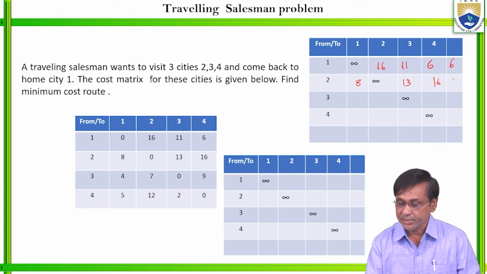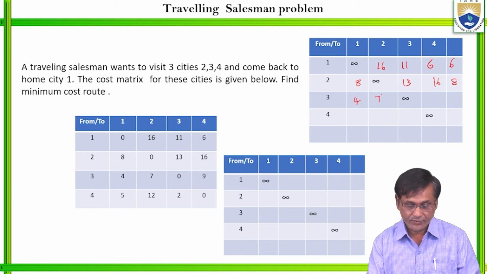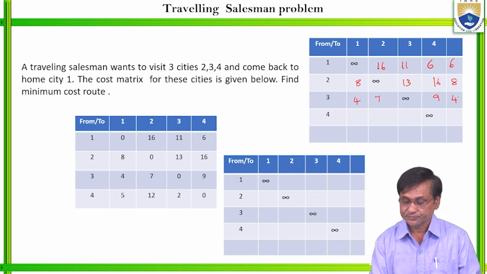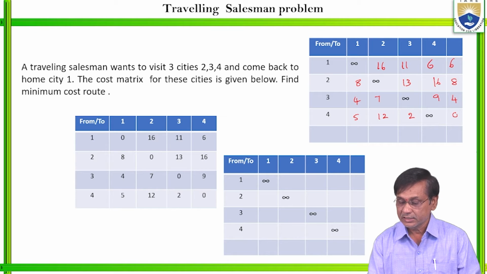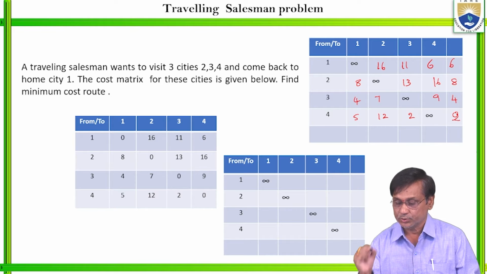The smallest element is 8. In the third row, 4, 7, infinity, 9. The smallest element is 4. In the fourth row, the elements are 5, 12, 2 and infinity. The smallest element is 2.